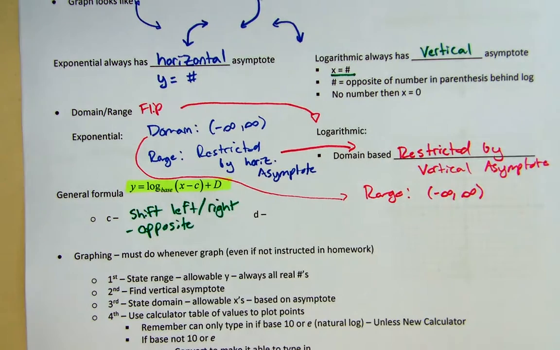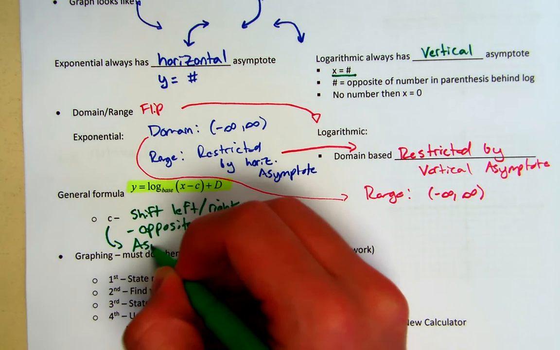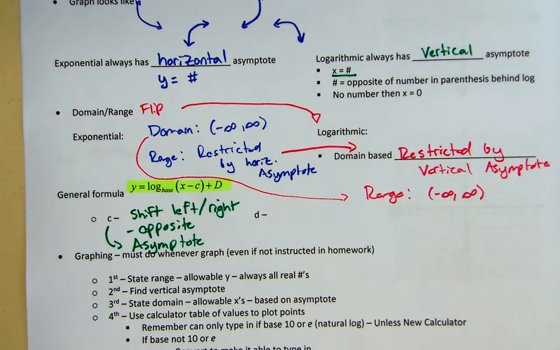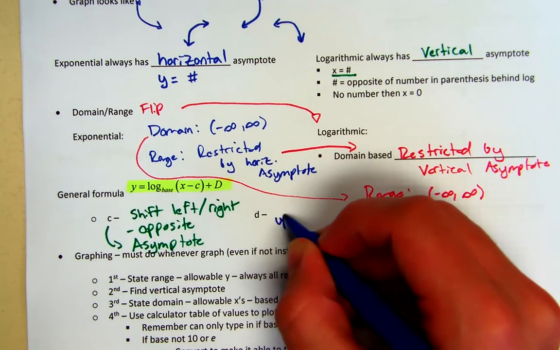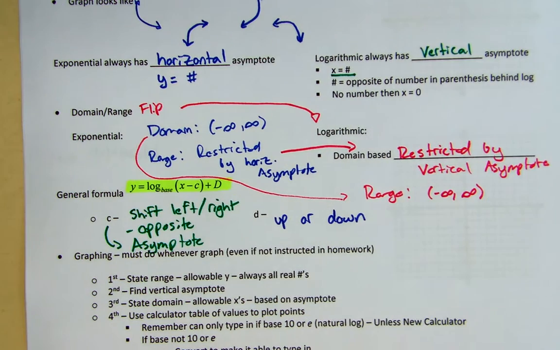You've got to make sure you remember it's the opposite of what happens. c is also going to be your asymptote for logs. Now d, it's on the outside, so remember that means going up or down, and that's how we shift.